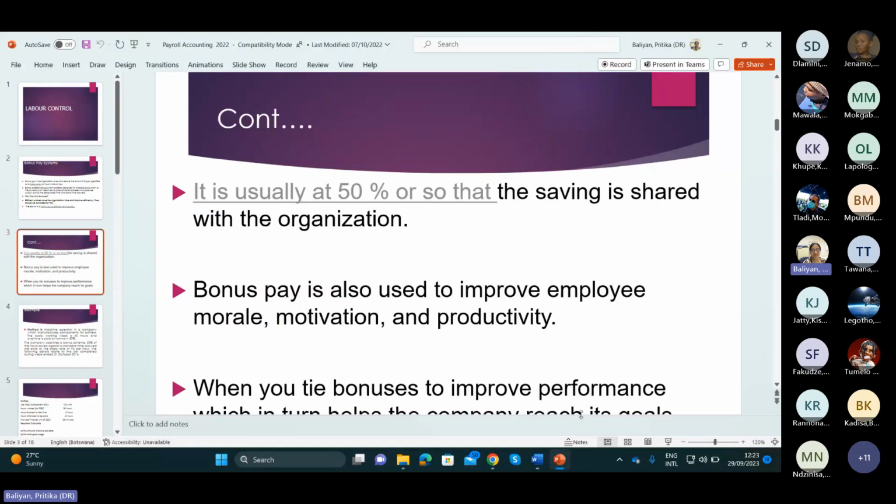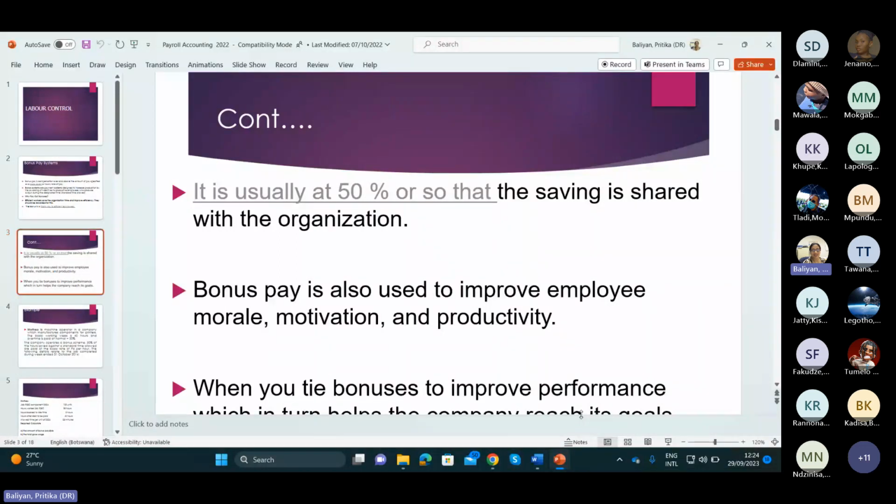So normally, which is also indicated in the labor law, at the rate of 50% of the time saved by the employee, they will be rewarded, so that the saving is shared with the organization.